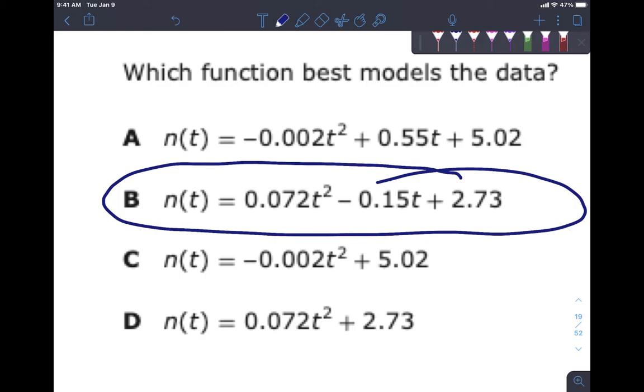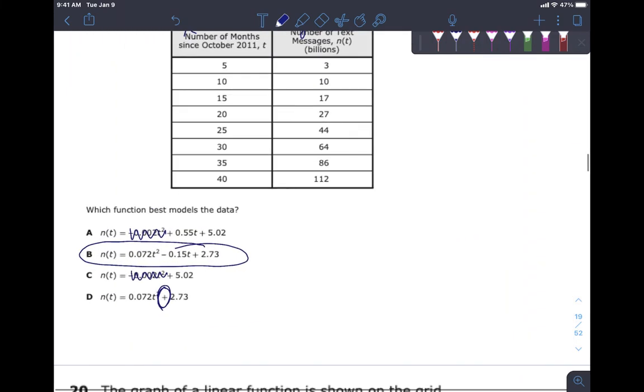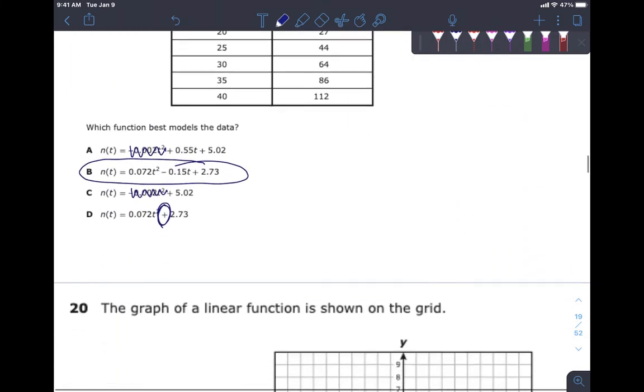When we're running some kind of regression, especially on stuff that's not aligned, it's probably not going to be an exact answer. Now, I know it's not this. That's got the wrong A. This does not have a B value, and this one has the wrong A. So my correct answer has absolutely got to be B for number 19.